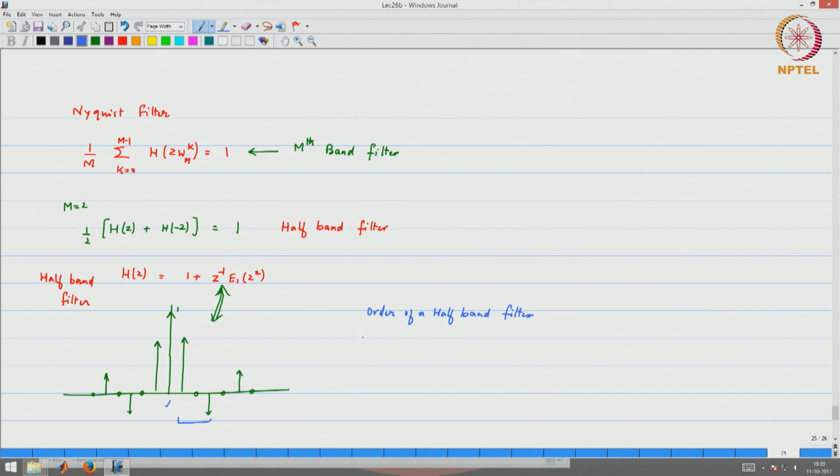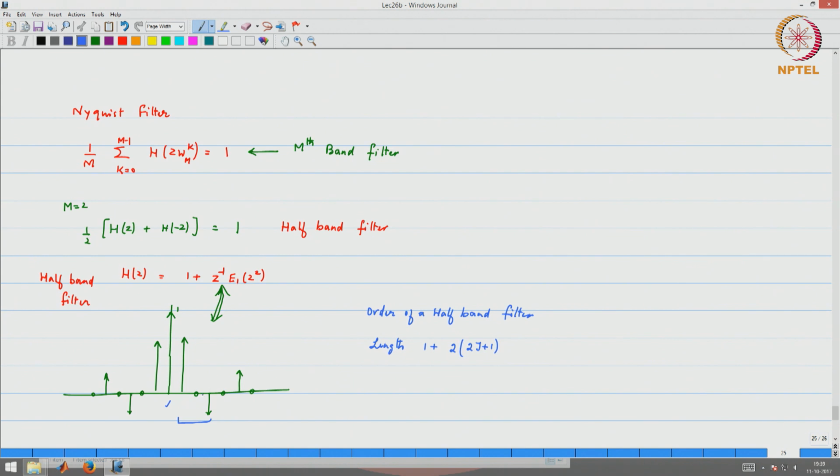So, the length of a half band filter is going to be 1 plus some odd number of terms. I will call it 2j plus 1, and there will be a symmetric one on the other side. So, the total length will be 1 plus 2 times 2j plus 1. Why 2j plus 1?